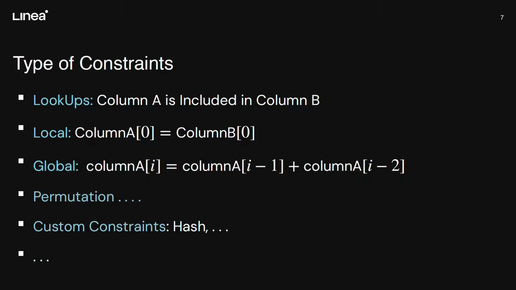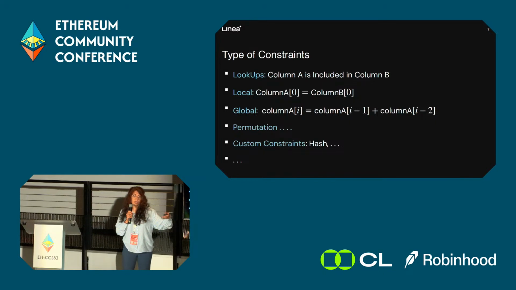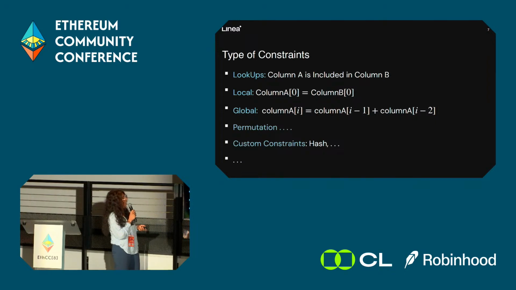We have different types of constraints. The most common one are lookups, which means that column A should be included in column B. I will come back to this special constraint because it's the topic of the talk. You have local constraints, which means that if you consider the first row of the columns, then you expect some constraint between these elements.